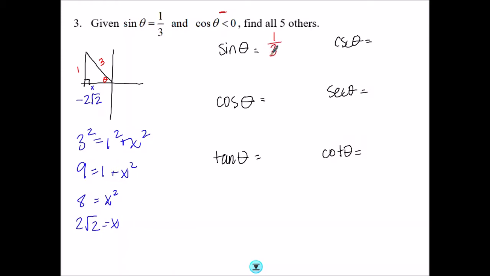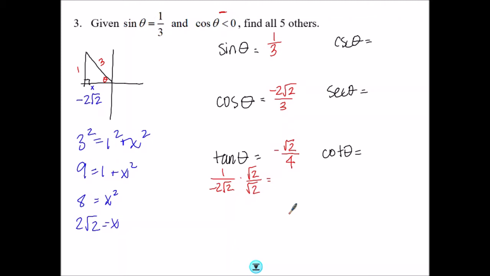We know that cosine theta is adjacent over hypotenuse, so negative 2 square root of 2 over 3. And we know that tangent is opposite over adjacent, so we have 1 over negative 2 square root of 2. We need to rationalize the denominator by multiplying by square root of 2 over square root of 2. So we get that tangent of theta is equal to negative square root of 2 over 4.